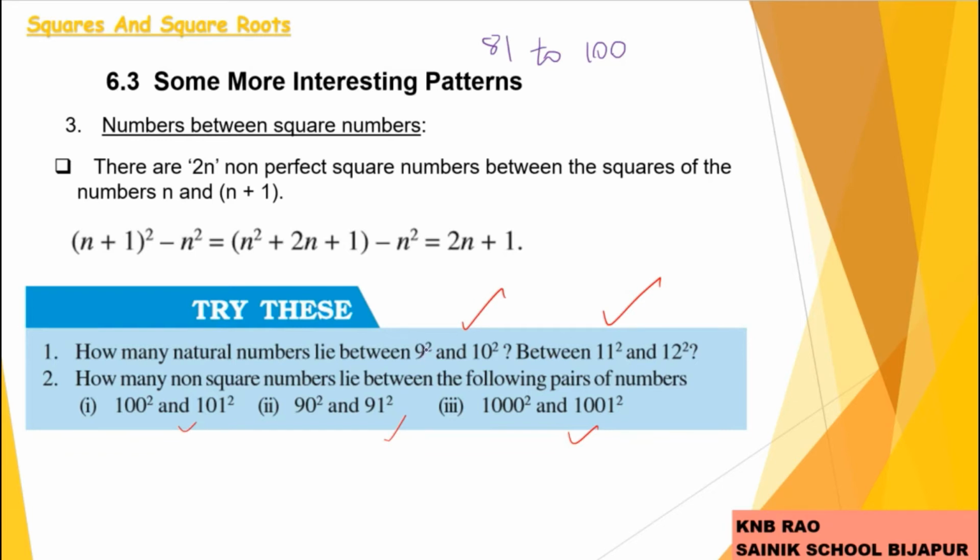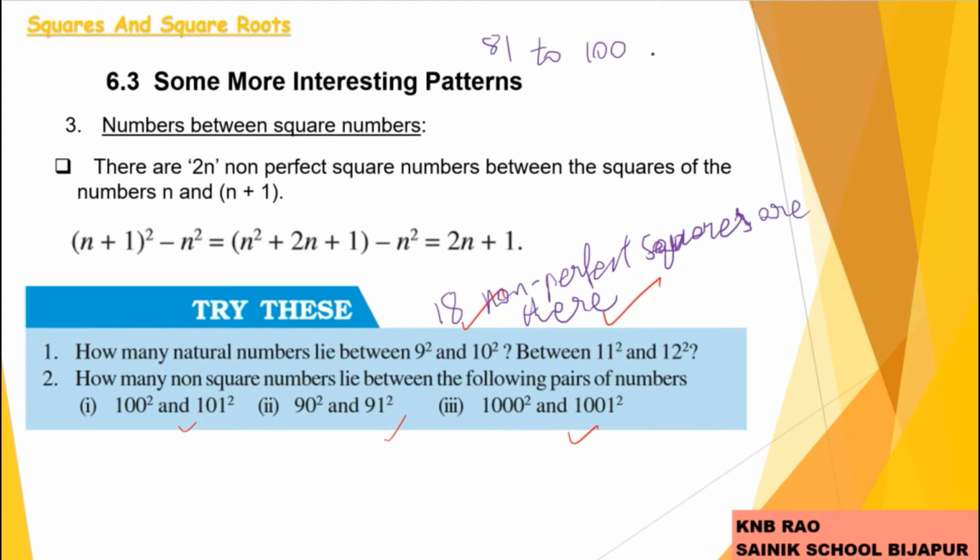Here n is 9, and 9 twos are 18, so 18 non-perfect squares are there.